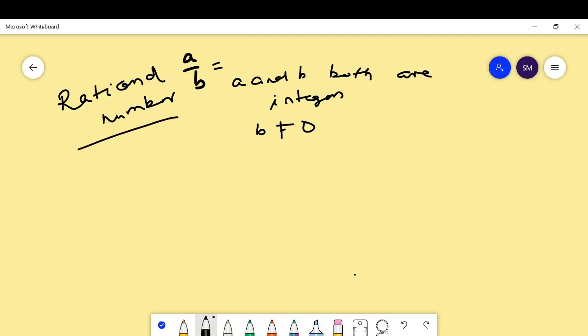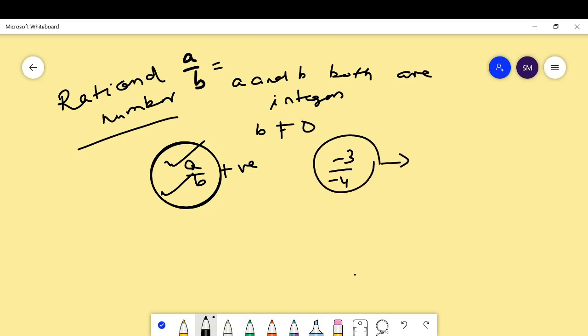The rational number a by b is said to be a positive rational number when both the numerator and denominator are either positive or negative, meaning both have the same sign. For example, minus 3 upon minus 4 is a positive rational number, and 5 upon 9 is also a positive rational number.